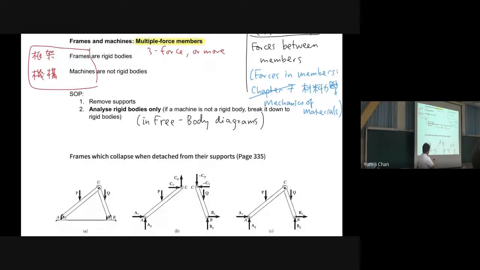Let's look at the example below. You can say it's a frame or machine. In this structure, we have AC and CB, right?